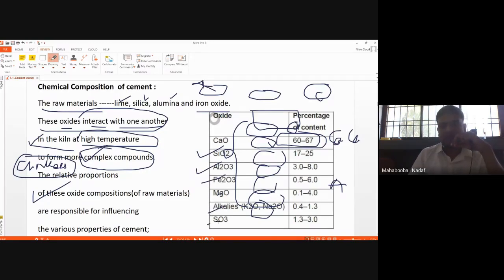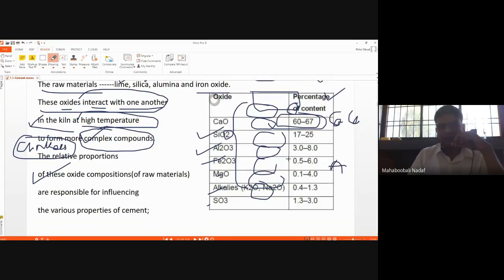This is the composition of the raw material. Now we have seen that in the kiln they interact with one another and form compounds. Clinkers are formed. The name is clinker, but what is the chemical composition?